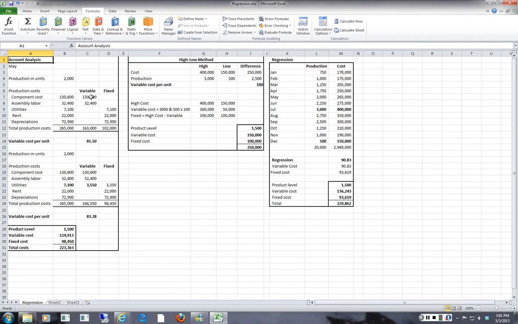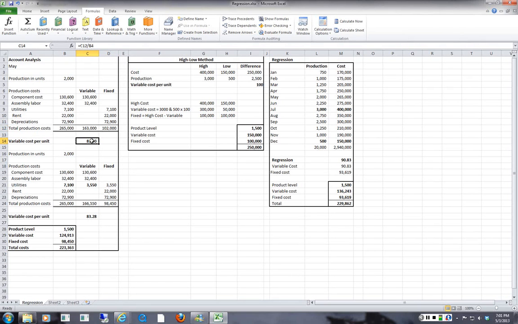Because I deal with the numbers all the time, I determine that $130,600 of component cost is variable, and that $32,400 of assembly cost is indeed variable. All the rest of those costs are fixed. So of that total $265,000, $163,000 is variable, and $102,000 is fixed.